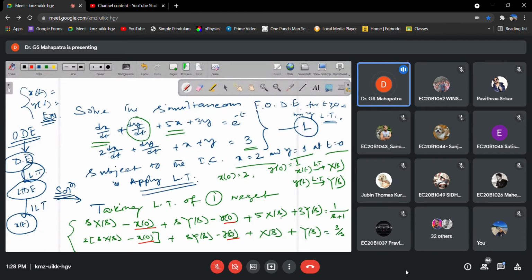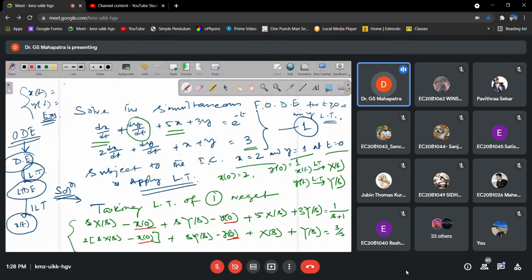If you put these in, the total system will reduce to capital X of s, capital Y of s and s. No other variable or part will be there after substituting.